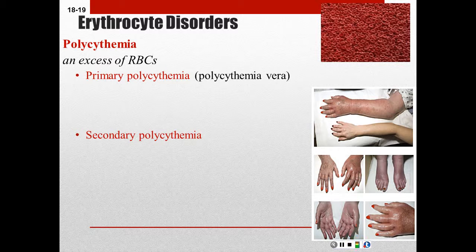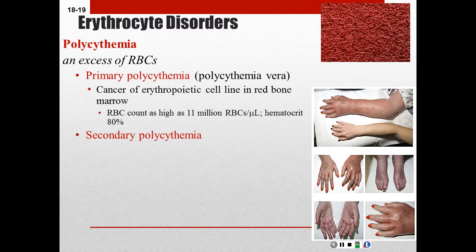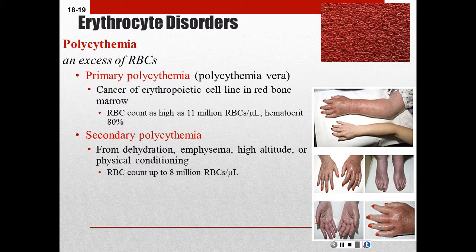Secondary polycythemia is a term used in cases of polycythemia from all other causes, such as dehydration and high altitude. Red blood cell counts can be as high as 6 to 8 million cells per microliter. So that's almost double the amount.